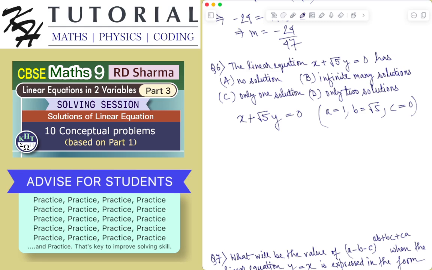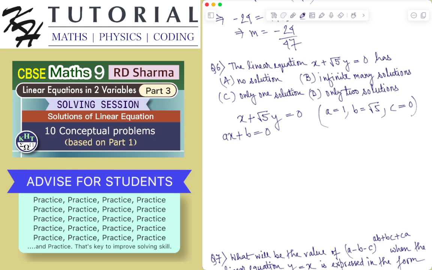Even if one variable is missing, let's say ax plus b is equal to 0, if I consider this to be a linear equation in two variables x and y, then also there will be infinite number of solutions, or infinite number of roots, or infinite number of ordered pairs which will satisfy this.